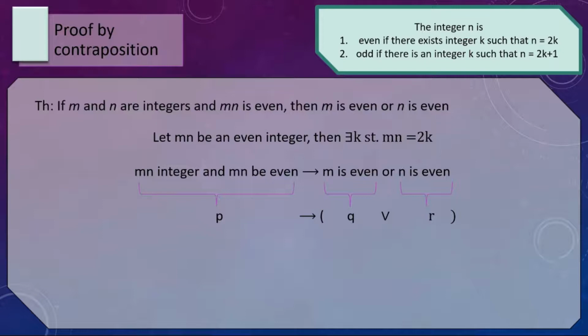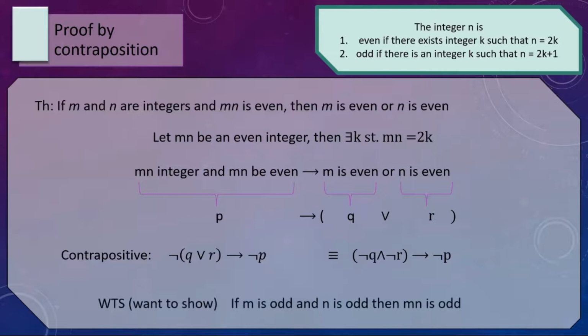So what would the contraposition do in this case? Well, the contraposition of p implies q or r would be not (q or r) implies not p. That's equivalent to, go ahead and De Morgan's that negation in there, not q and not r should imply not p.